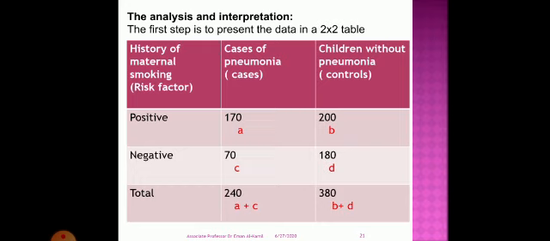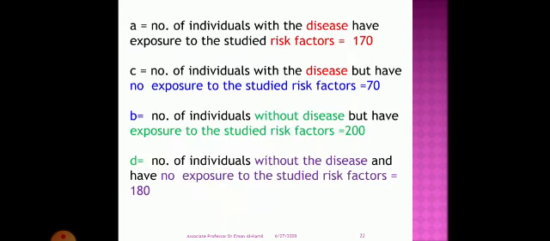So this is the most important point, constructing the data in a 2 by 2 table. By now we know A: they are cases with the risk factor.